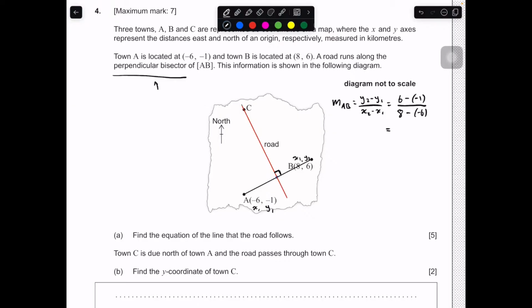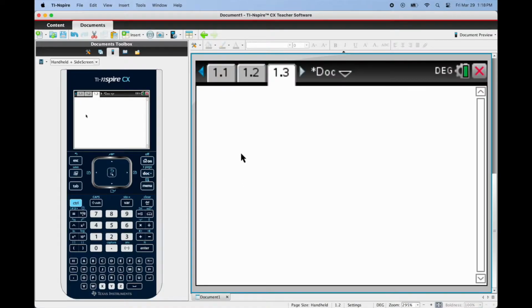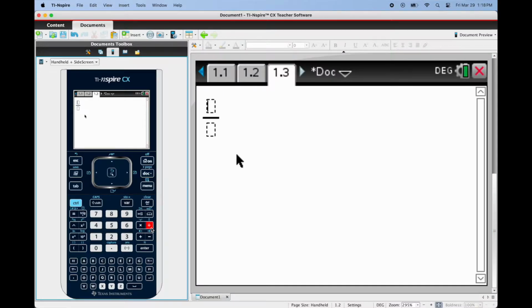I'm going to put this in the calculator just because there are some negatives here, and it's not a bad idea to see how this looks. All right, 6 minus 1, and then we'll have 8 minus, and let's open some brackets, minus 6, and then we have 1/2, 7 over 14.